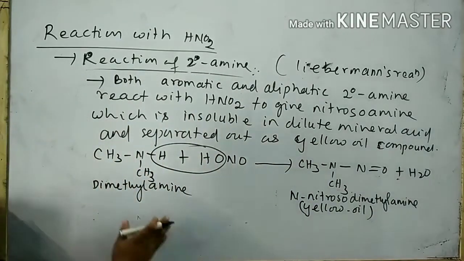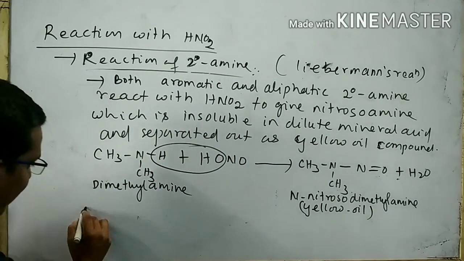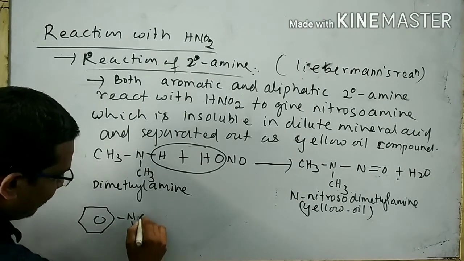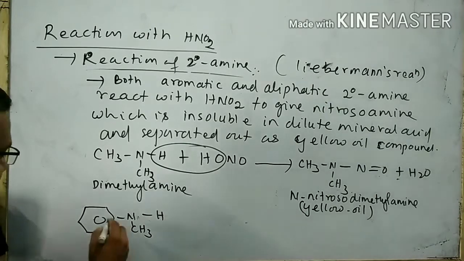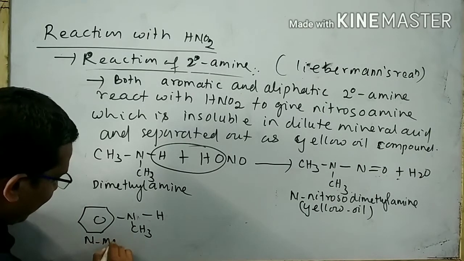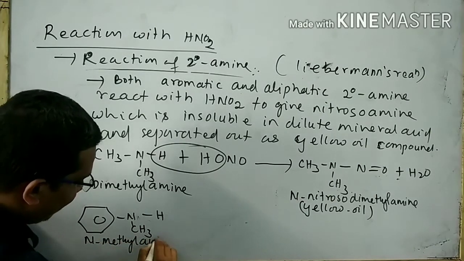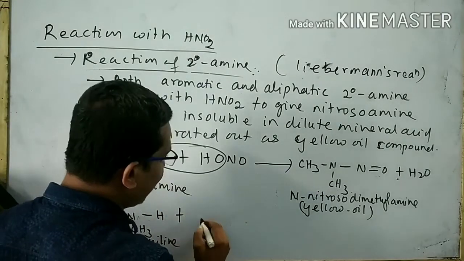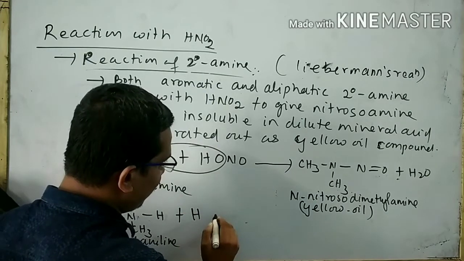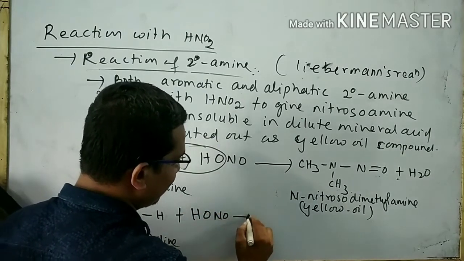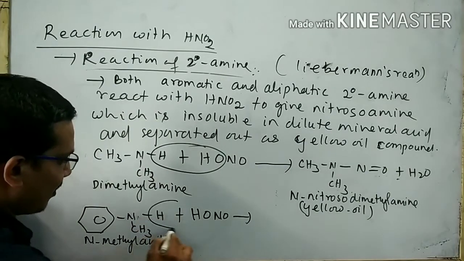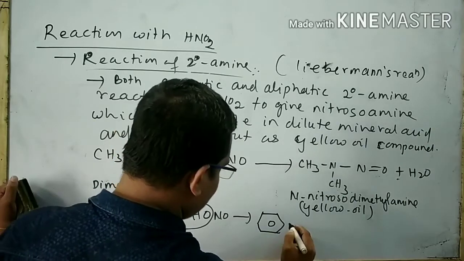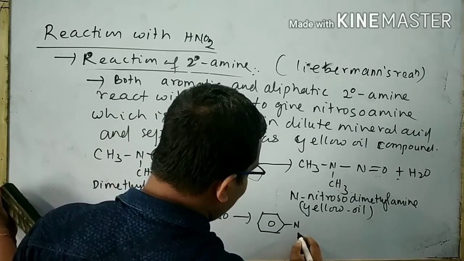Similarly, we take an example of an aromatic 2-degree amine. This is an example of an aromatic 2-degree amine. The name of this compound is N-methylaniline. When it is subjected to reaction with HNO2, we can write HNO2 like this: HONO. Then also there is a loss of a water molecule, and it gives this nitrosamine.